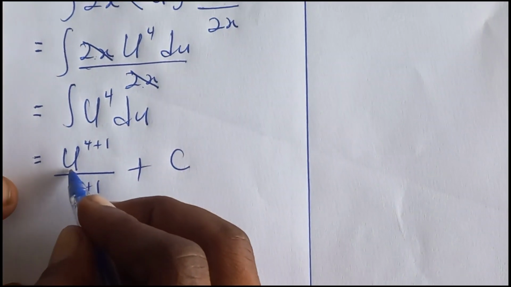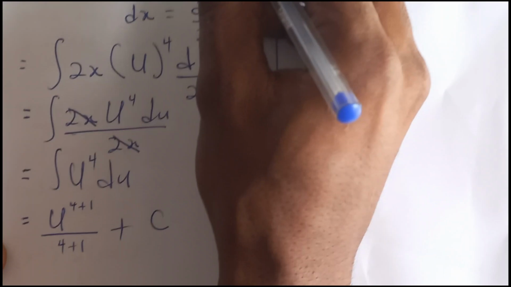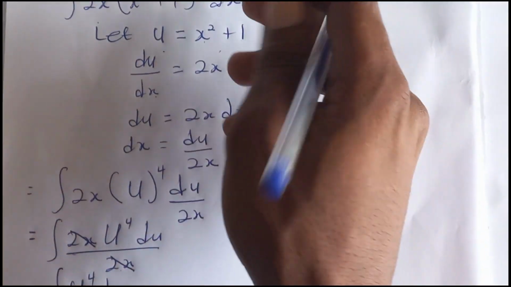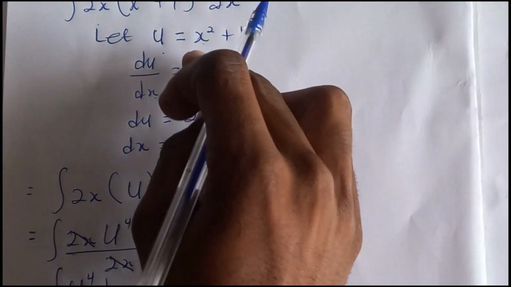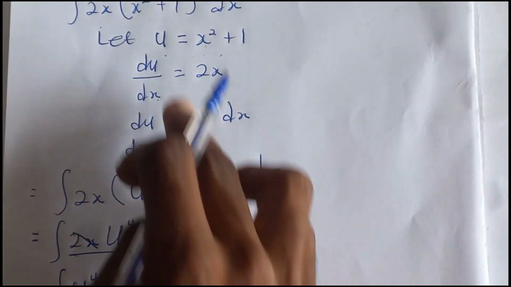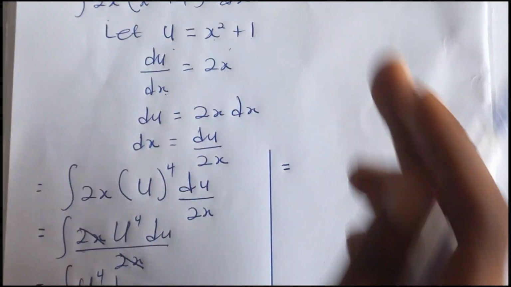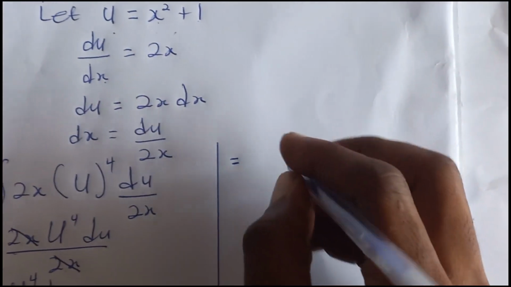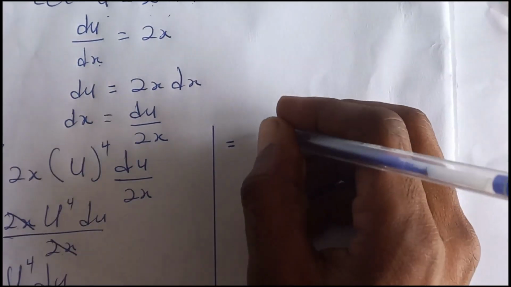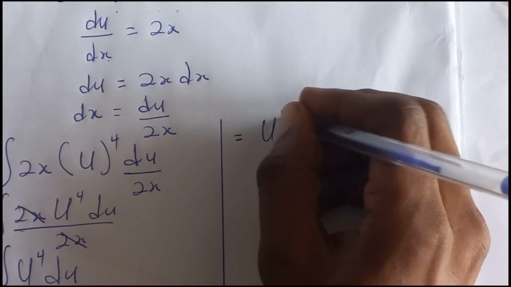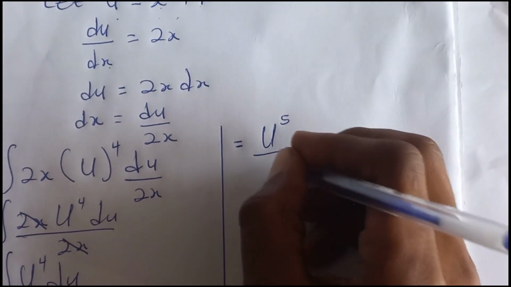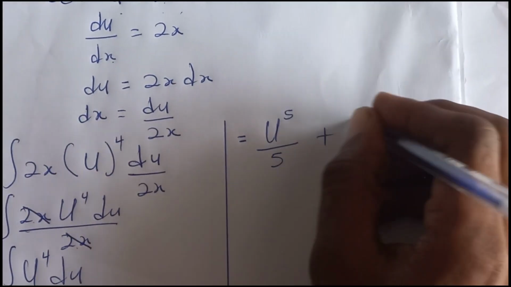So in our previous solution, we said that u is equal to x squared plus 1. So we can now substitute back our x squared plus 1, because when you see u, you see x squared plus 1. Let's simplify the power first. So it's u power 5 on 5 plus c.